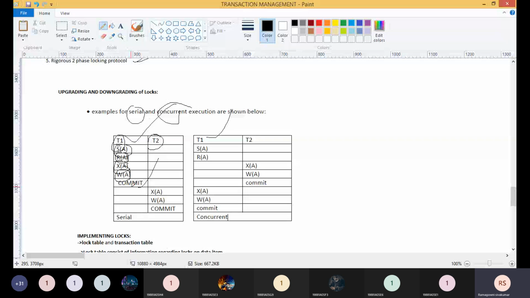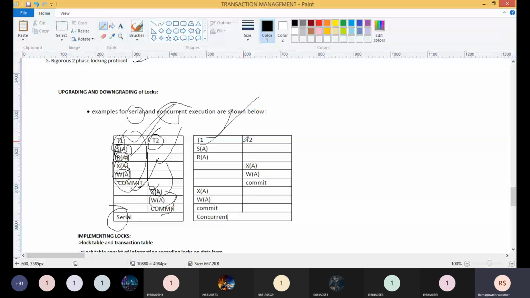After that, we go for the second transaction. It takes an exclusive lock on data item A, we perform a write operation, then commit. So the first transaction completed, then we go for the second transaction. That is called serial transaction, serial execution, one by one.